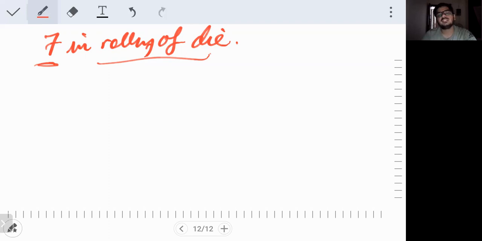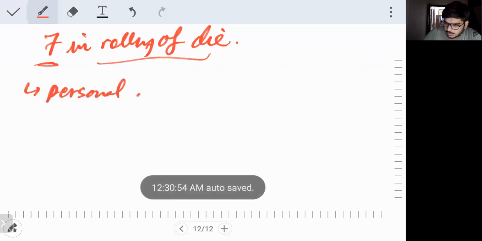Now, how to assign probability to events? We know that probability is a number between 0 and 1. How does an event get assigned a particular probability value? There are 3 ways. First could be the personal opinion approach.